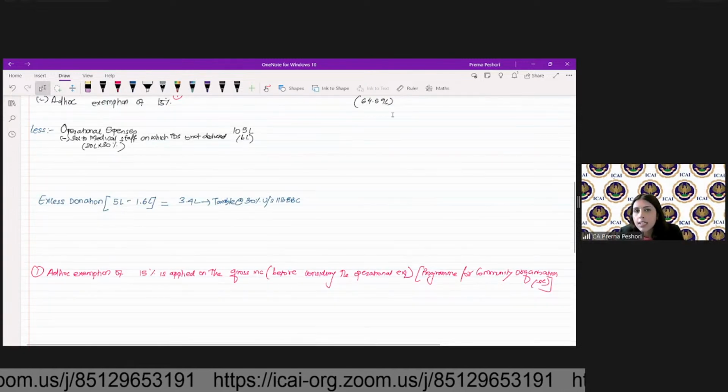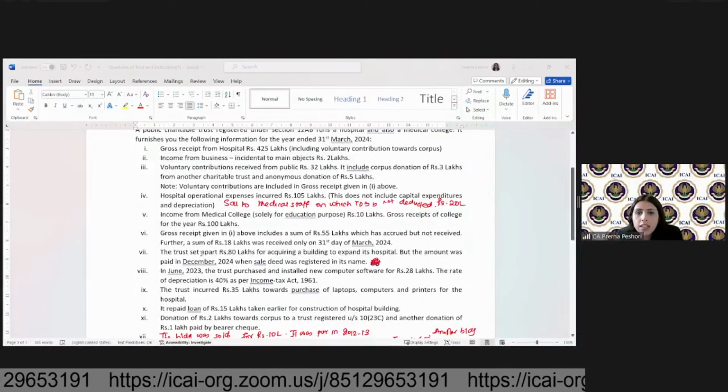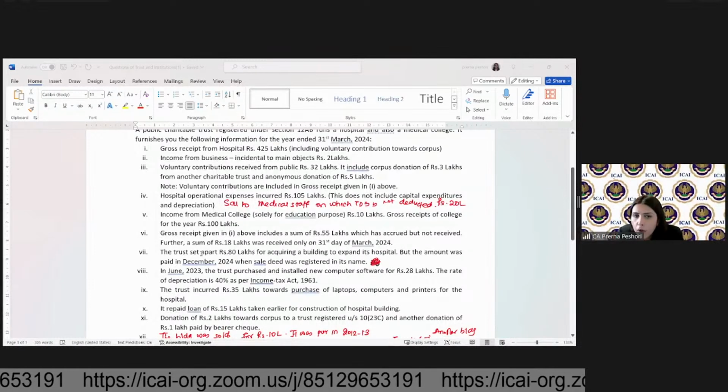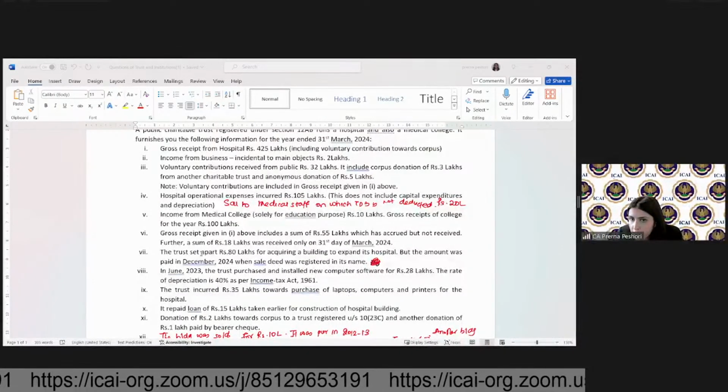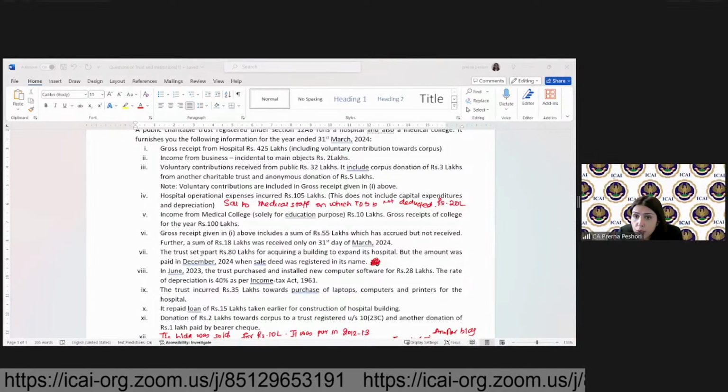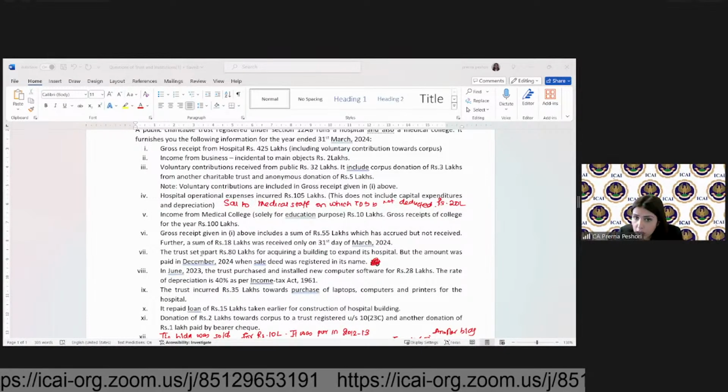Fine. Now let's move to the next part. What does it say? Then gross receipt given in one above includes a sum of rupees 55 lakh which has accrued but not received.